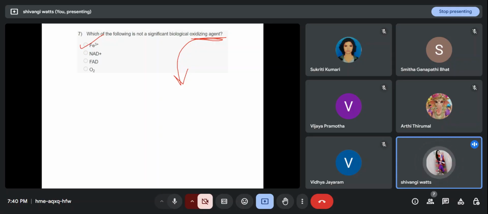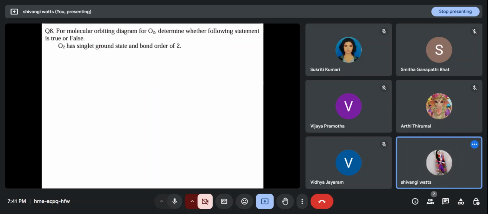So iron plus 3 is not a significant oxidizing agent in the human body because NADPH or NAD, these are all the prosthetic groups which are involved in the human body to oxidize. So they are the significant oxidizing agents. Also, oxygen is there to oxidize various biomolecules, but iron is not a significant biological oxidizing agent.